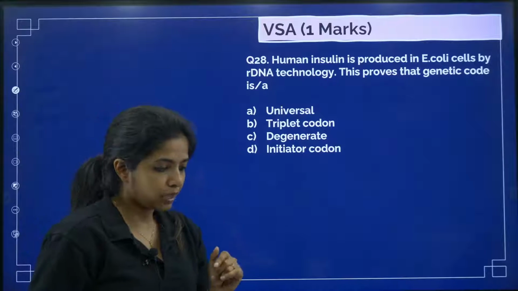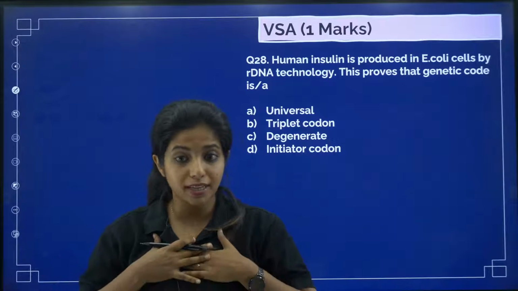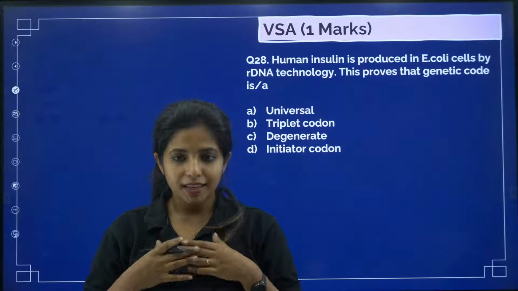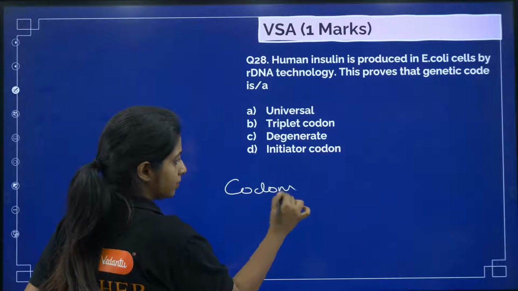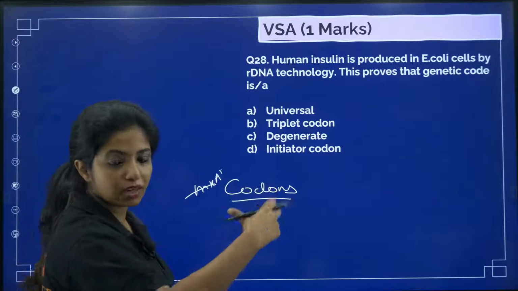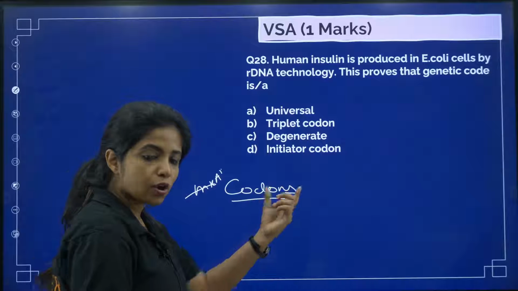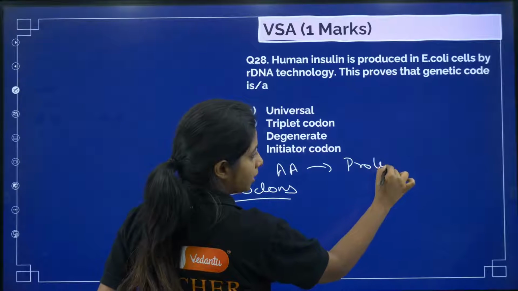I already told you. I am a human being. You are a human being. If the DNA which is there in us, okay, it has what? The codons, my dear children. The mRNA which is there in our body has codons, that is 3 nucleotides, 3 nucleotides, 3 nucleotides, and all of them are going to go for amino acid, and this amino acid is going to give me a protein at the end.